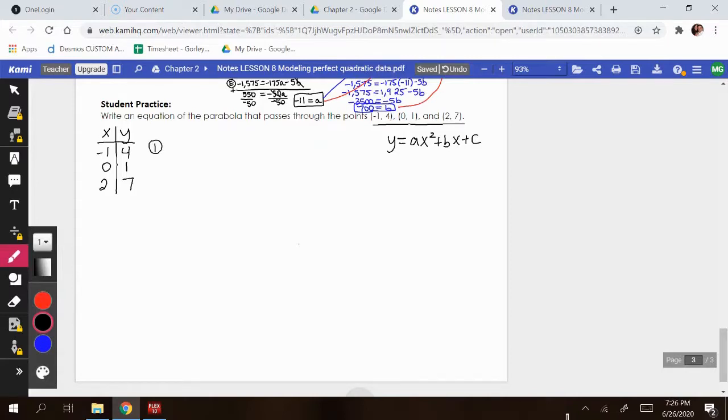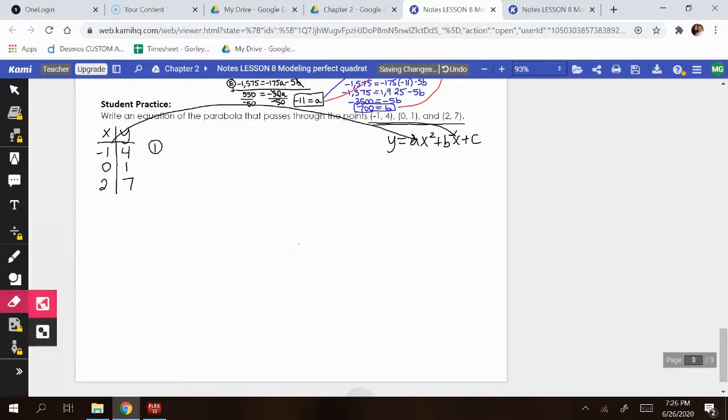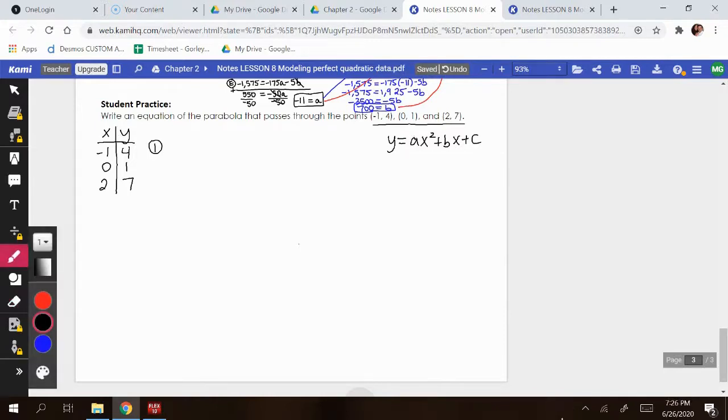We are going to plug in negative 1 for x, everywhere we see an x, and I'm going to plug in 4 for y. Okay, remember all of these coordinates are x comma y. So I'm going to write that my equation 1 is 4 equals ax squared, x is negative 1, plus bx, again x is negative 1, plus c.